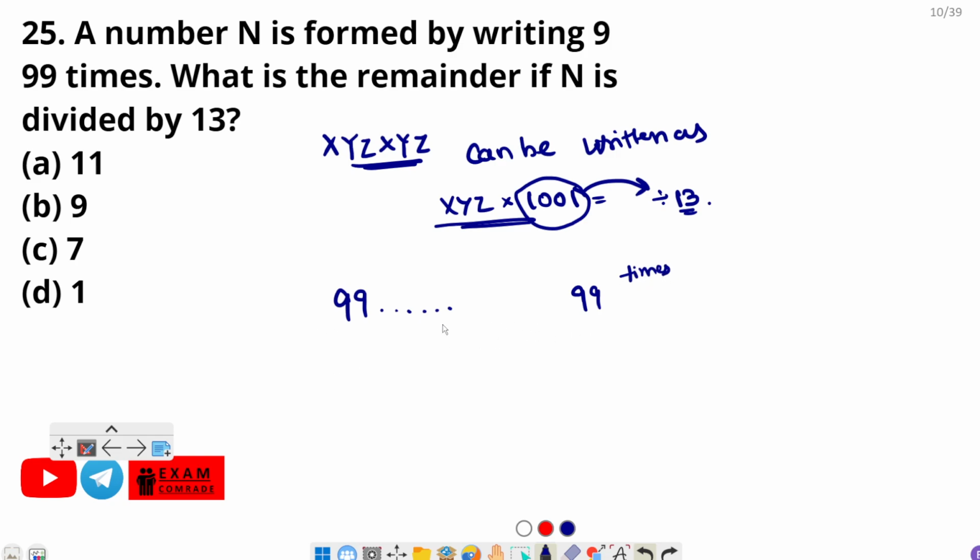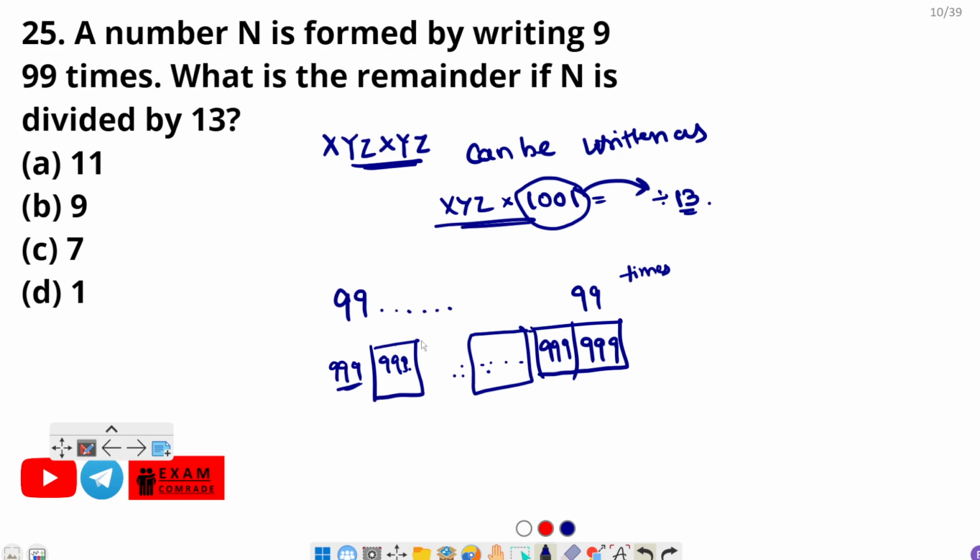So we'll split this into blocks of 6. First block, second block, so we have 96 terms up to here, and 3 remaining. Each block is divisible by 13, up to the last block.